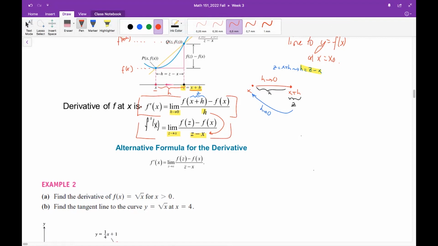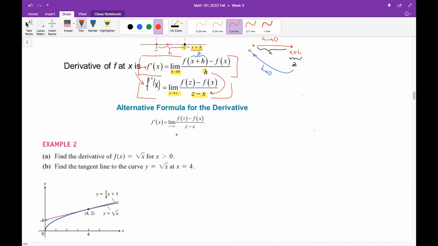And you know, the derivative function, the derivative of f, is defined through this limit. You can either use this version of it with the h, or you can use this version of it with the z notation, okay? And the alternative version is this one.